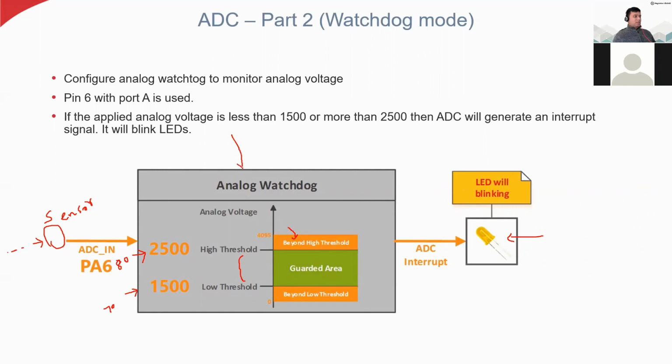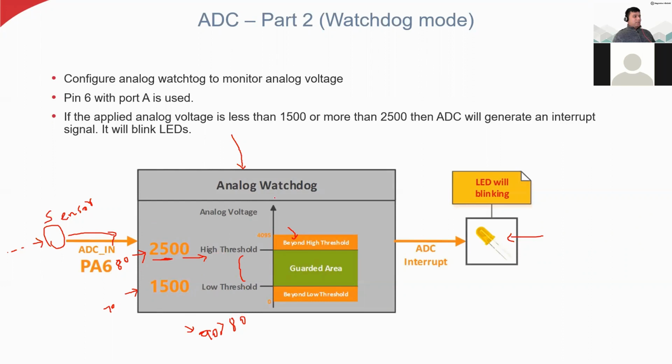So this analog watchdog is watching the result. For example, now I receive 90. 90 is greater than 80. 90 is the real-time measurement coming from the sensor, and 80 is the standard I set inside. That is the high threshold value.